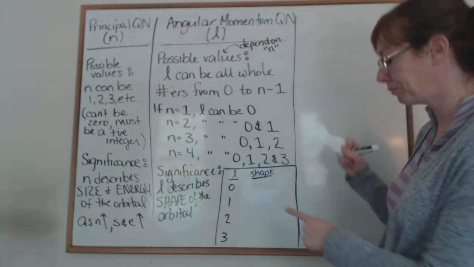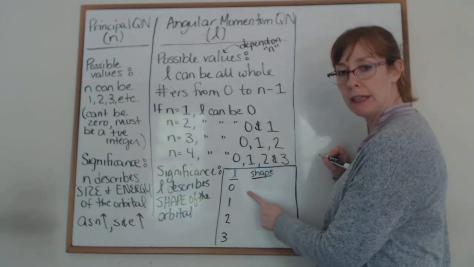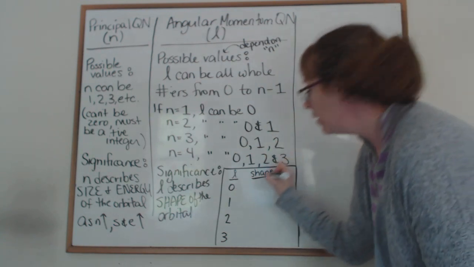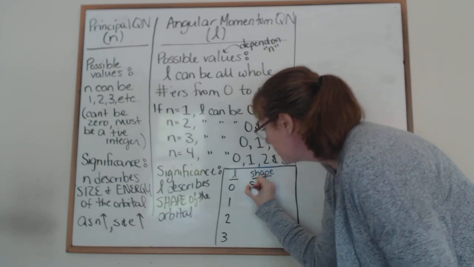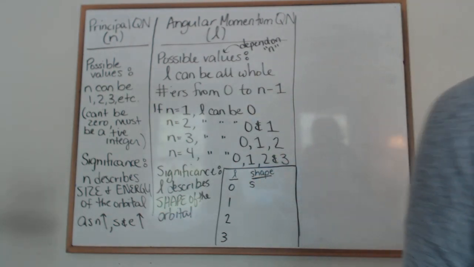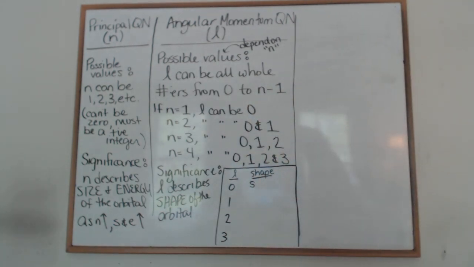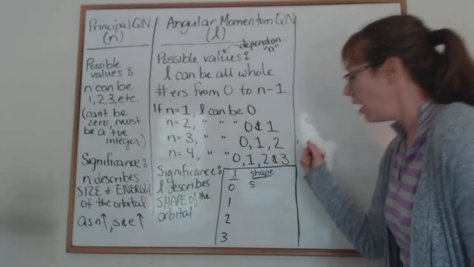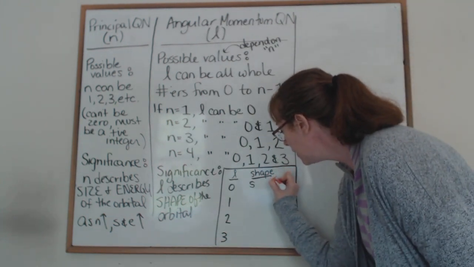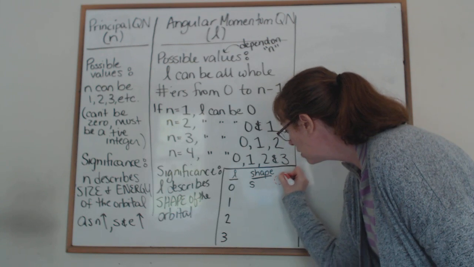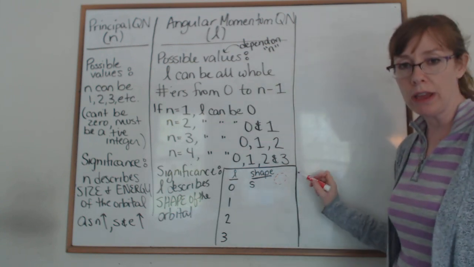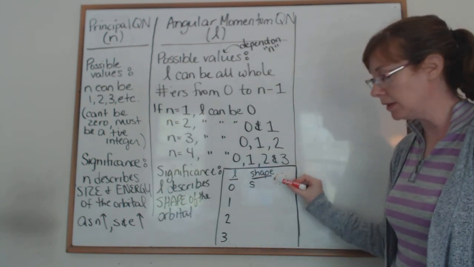They all have a shape associated with that value. When L is equal to 0, we call these s orbitals. S orbitals, with a lowercase s, are shaped like a sphere. I'm just drawing a little spherical dotted line.